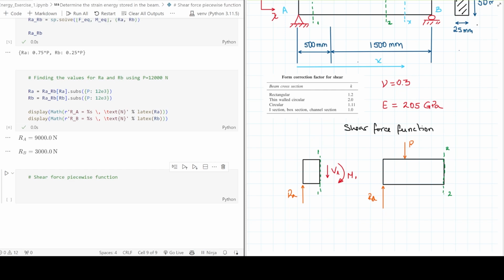Then, by making that cut, this is going to give me something like this maybe. It could be negative, could be positive too. And then I'm going to have another moment here.